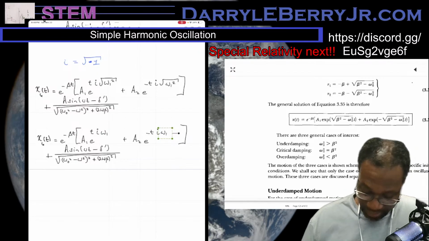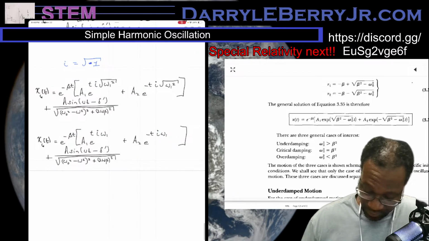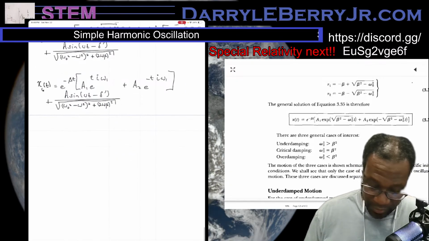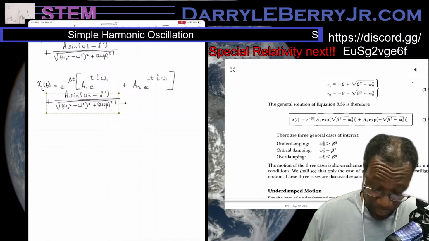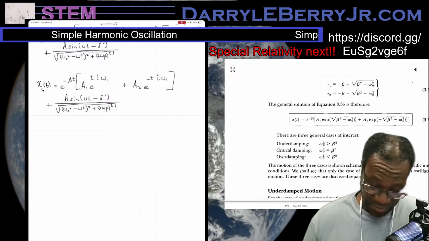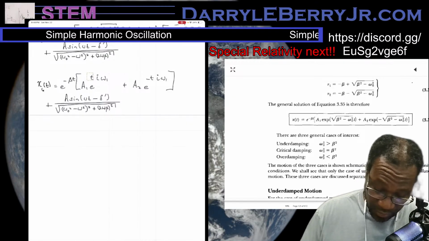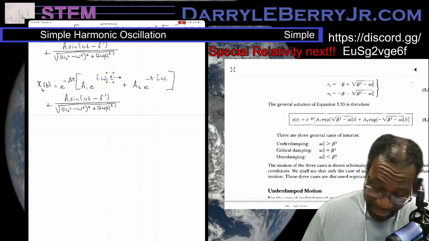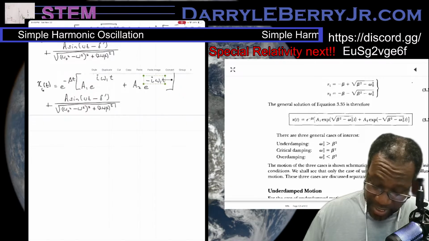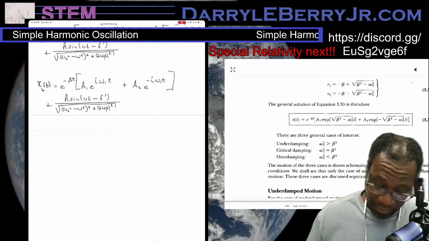I mentioned I might do a separate video to show this, but I can go ahead and show it now. So now we have the numerator, the exponent, I mean to say, in a form where there's an imaginary number in it. There's an exponential. So we can go ahead and utilize the fact that you can convert between trigonometric functions and exponentials when you have an imaginary number in the exponent.